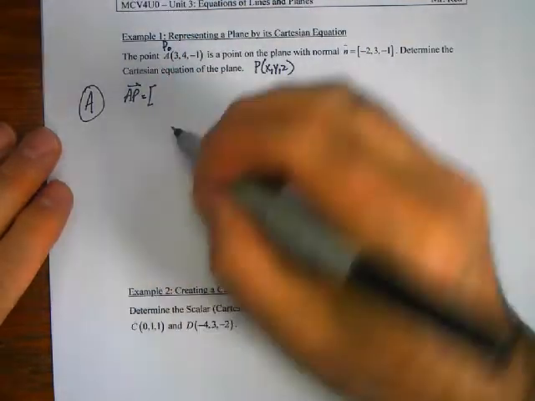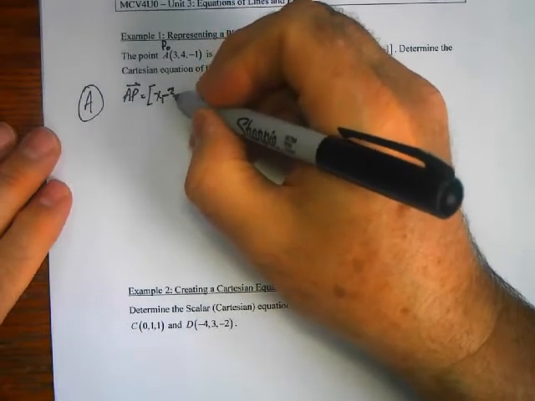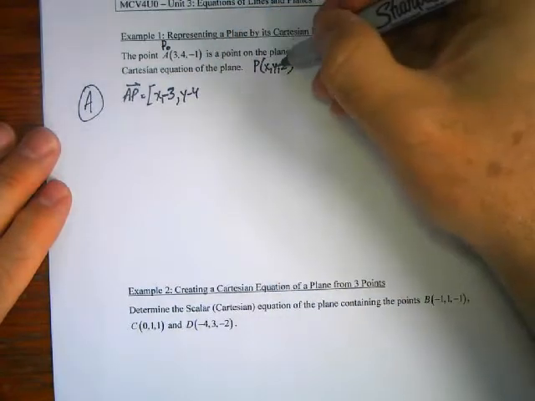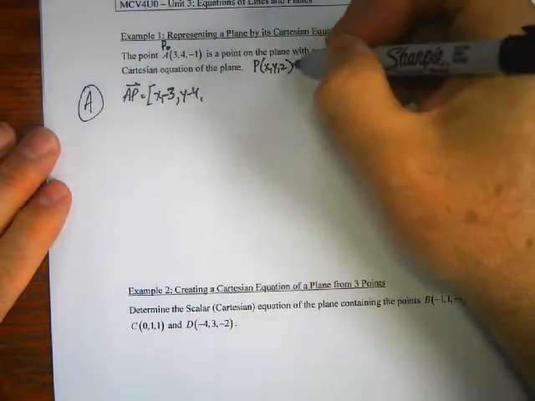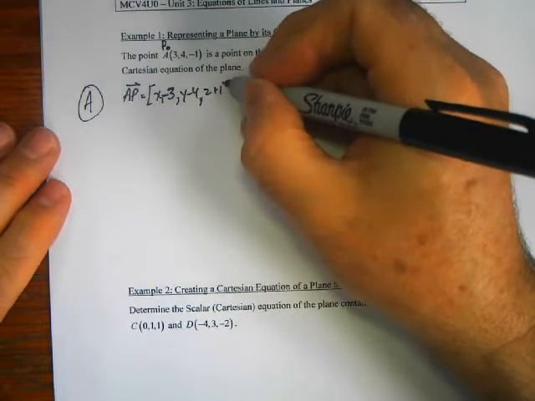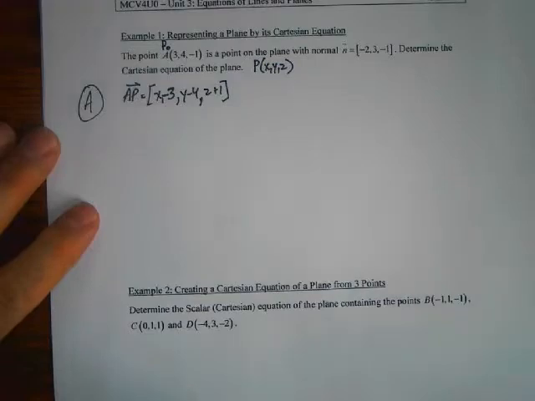So in this case, it's X minus 3, Y minus 4, and Z minus 1, which is Z plus 1. So that's a direction vector on the plane.